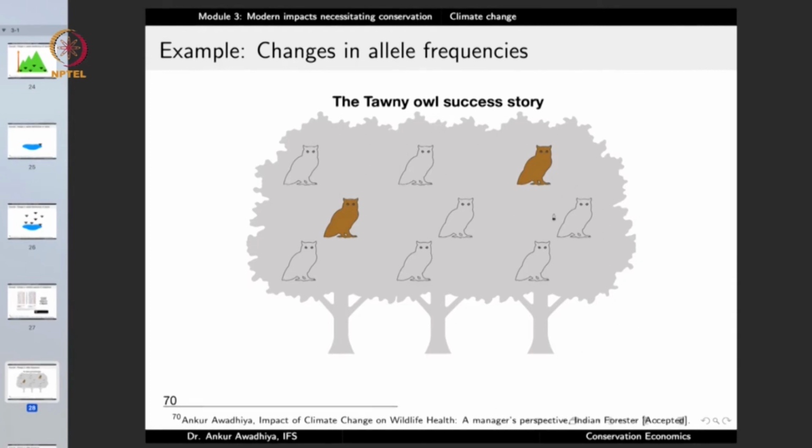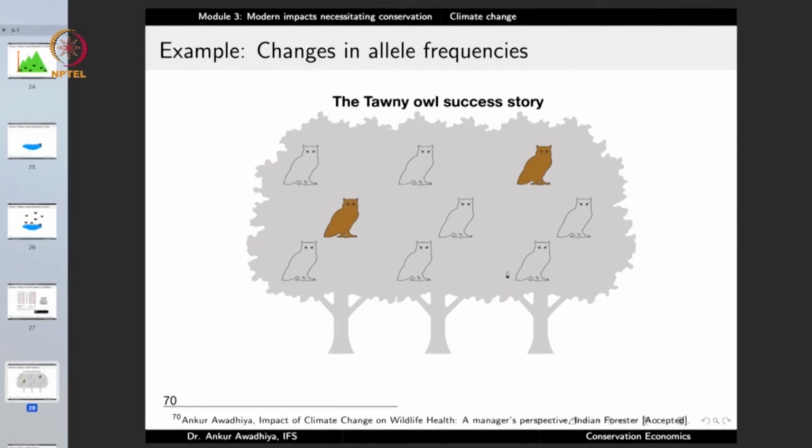Whereas if it is a gray colored bird, it camouflages so well that the prey is unable to observe this bird, and it increases the chance of the bird getting a prey. Because of this reason, a majority of the birds are gray in color.